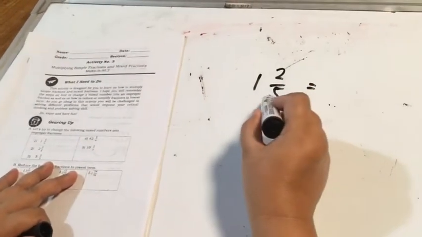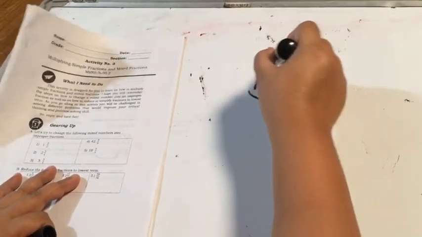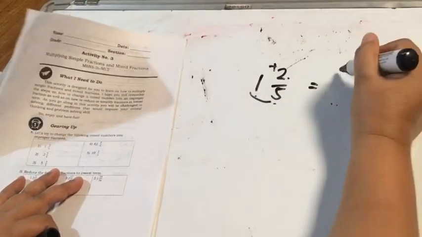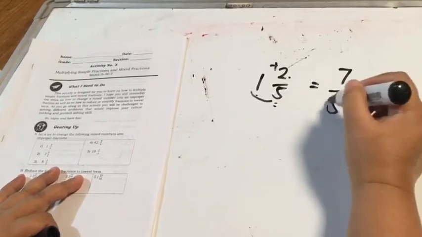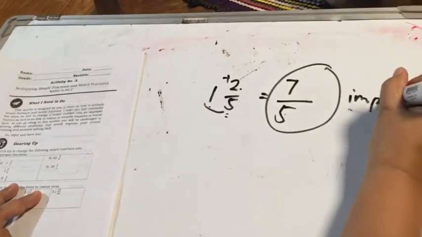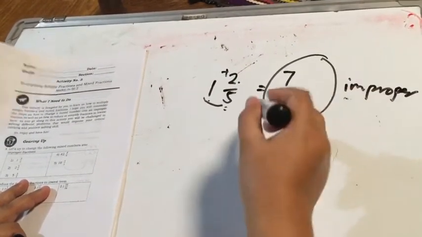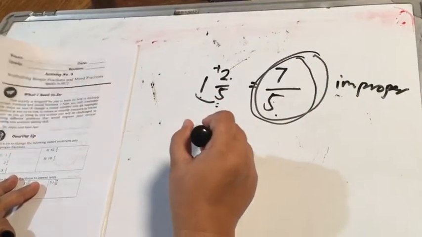You multiply 5 times 1 and then add the numerator. So 5 times 1 is 5, plus 2 is 7. And all you have to do is copy the denominator 5, and this is now your improper fraction. So very easy.